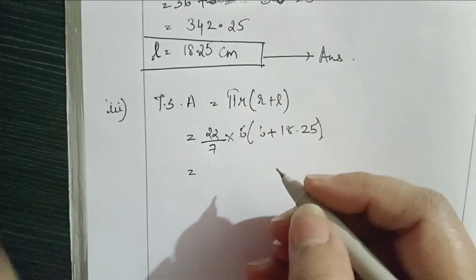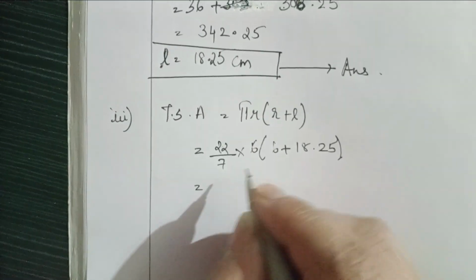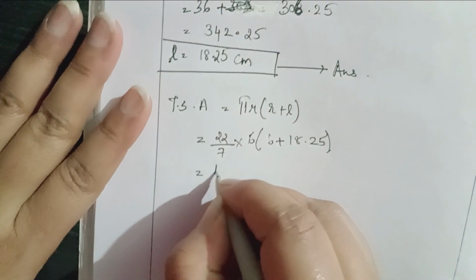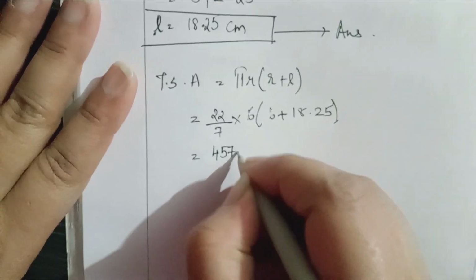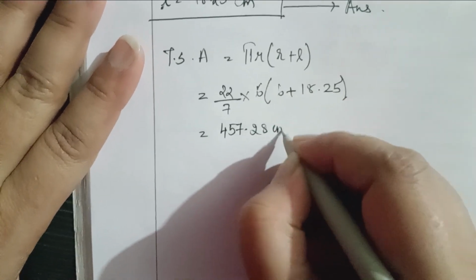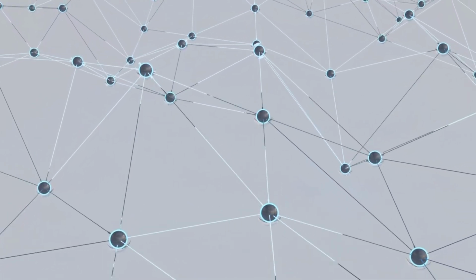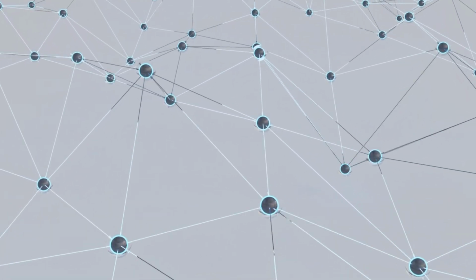We get as 457.28 centimeter square. So with this again I end up with the 3 sums.